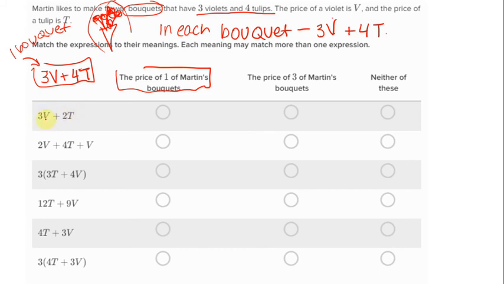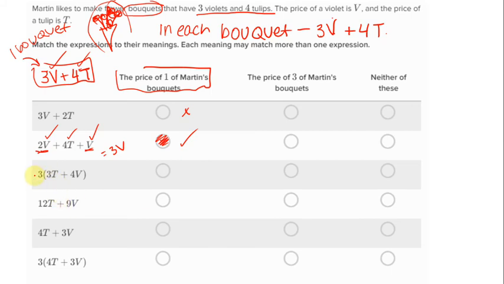Here we have 3v and 2t, so no. Here we have 2v plus 4t plus v. So let's see, in total we have 4t's. And 2v plus v, that would mean that we have 3 v's. So that would meet that requirement. That would be a yes.